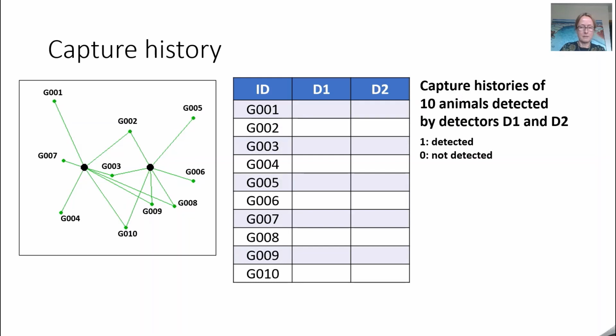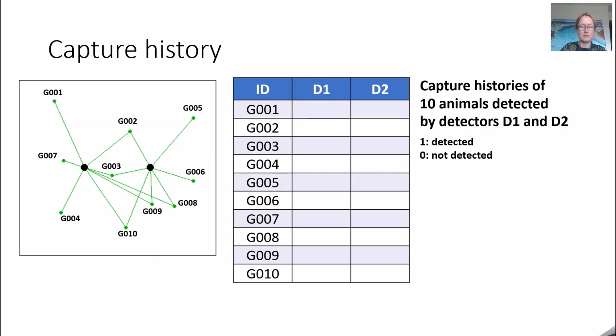Next, we start a table which will serve as our capture history. What we created here is a simple table with a record for each animal. There were 10 animals detected in total and a column for each detector, so 2 detectors in total. We will now check which animal was detected by which detector for each animal detector combination.